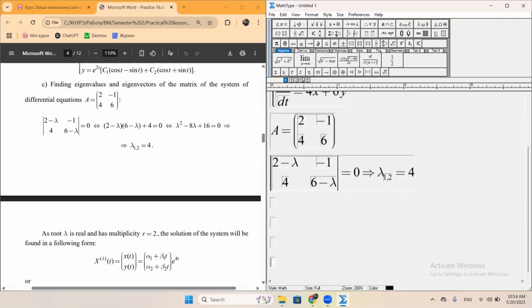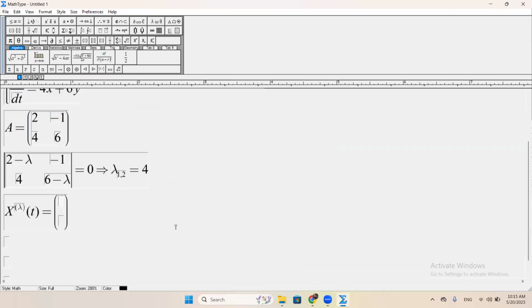In this case, x with index lambda equals, so we will receive polynomials multiplied by e to the power of 4t. So alpha 1 plus beta 1 t.